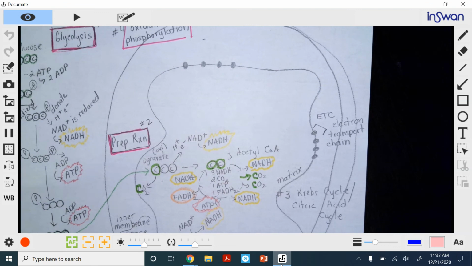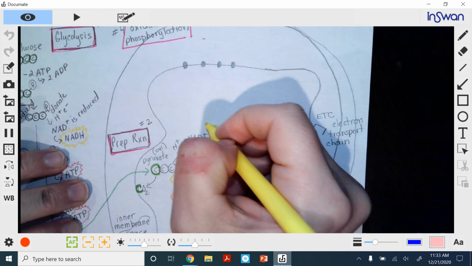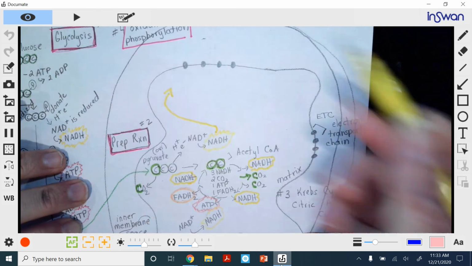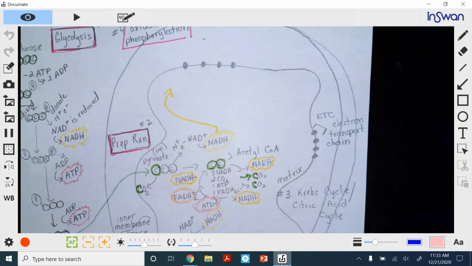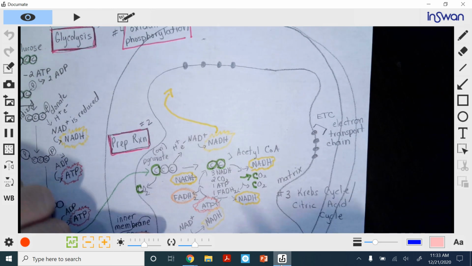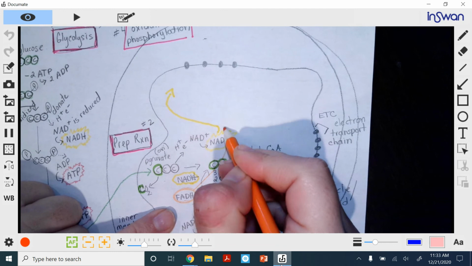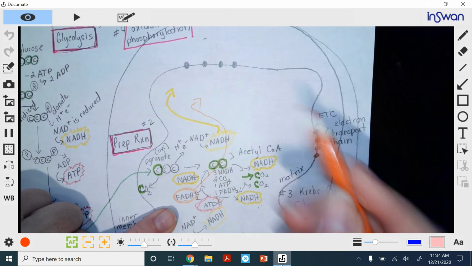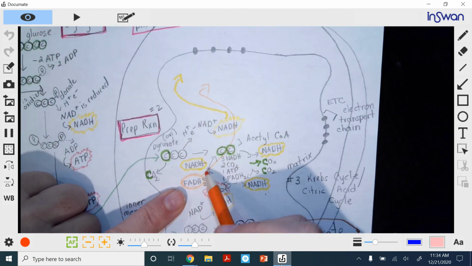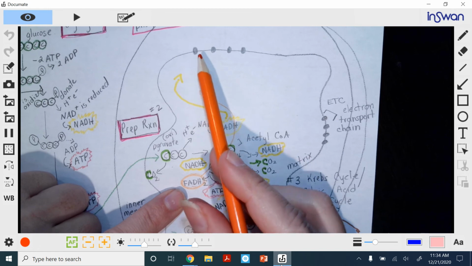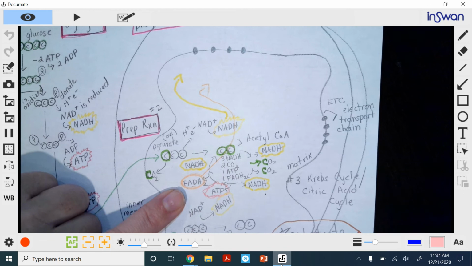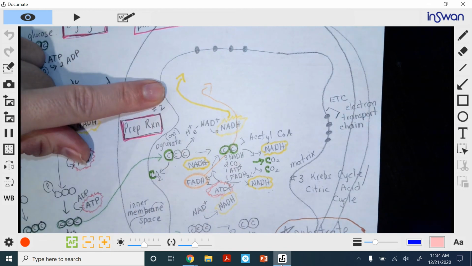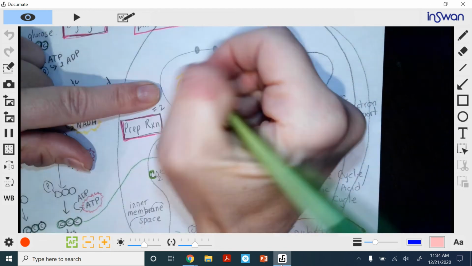So grab your yellow. Here come the buses. The buses are going to unload what they picked up earlier. And now there's two types of buses, if you remember. So I'm also going to grab my orange here because I'm going to bring my FADH2 to an electron transport chain. And this is what's going to happen.